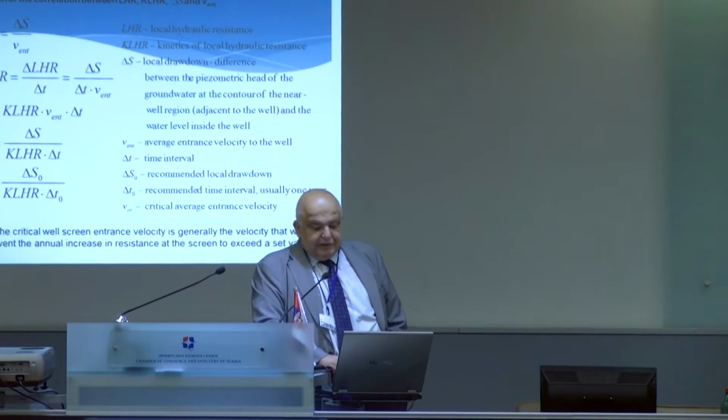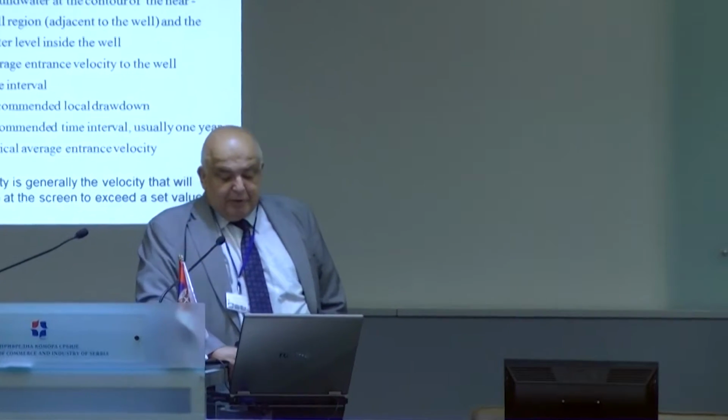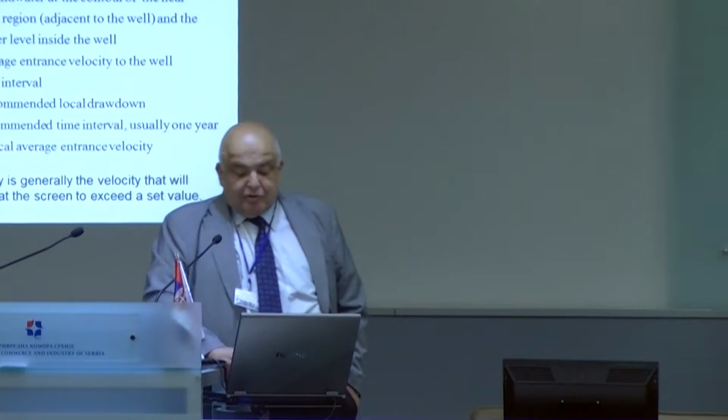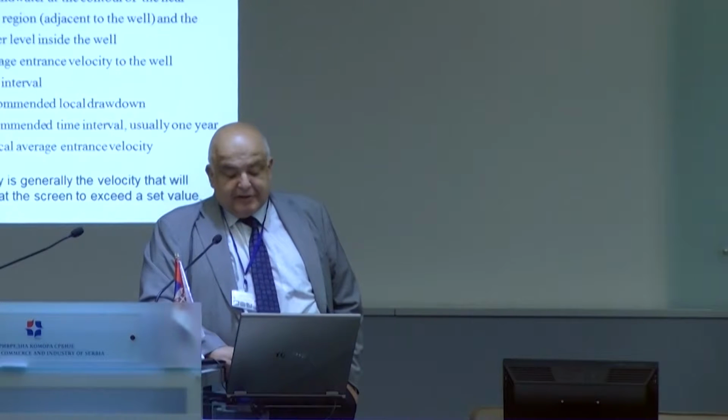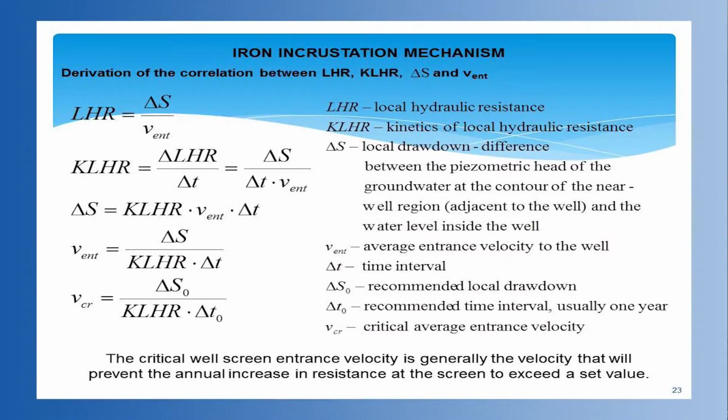Out of it, we try to find the relation between critical velocity, kinetic local hydraulic resistance and also piezometric drawdown. If we say that the piezometric drawdown should be less than what we want, we get a critical velocity which we can use for designing the well elements.